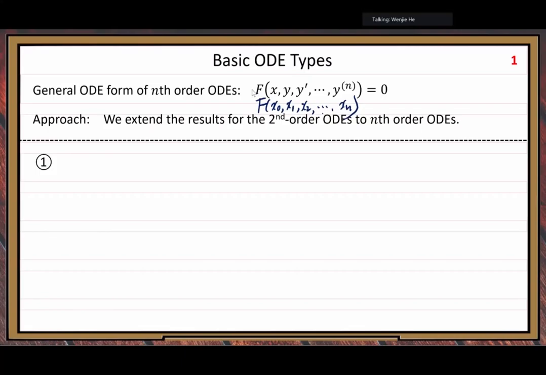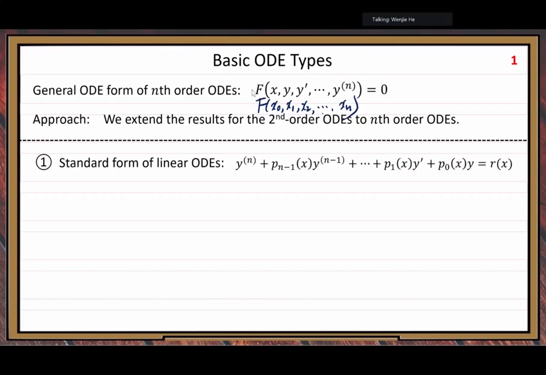First type, basic ODE type, the standard form of linear ODEs. That's a generalization of second order. But this time we use all these P functions, P1, P2 through Pn-1, all these functions. Simple generalization.